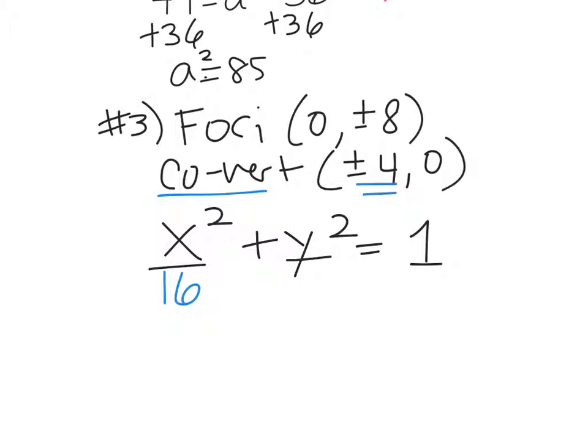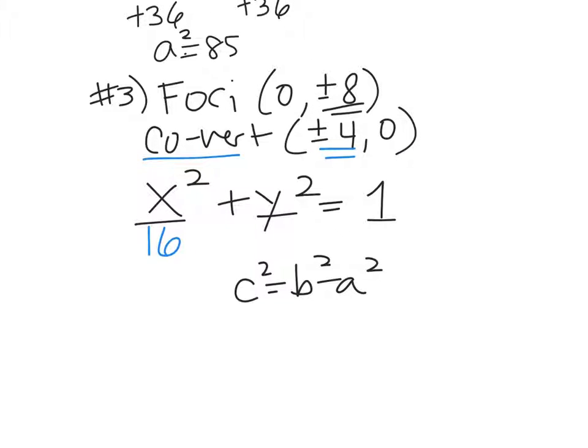Okay? So now I'm going to do c squared equals, and this time because the foci are in the y slot, then that means that it's going to be b squared minus a squared. Okay? All right. Yeah? Because the foci have to be on the longer side. So if you do struggle with these, drawing a picture helps a lot of people.